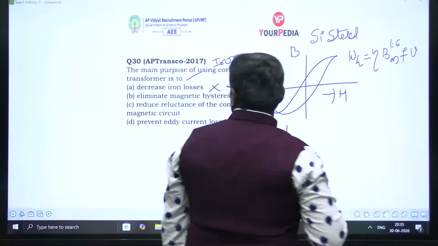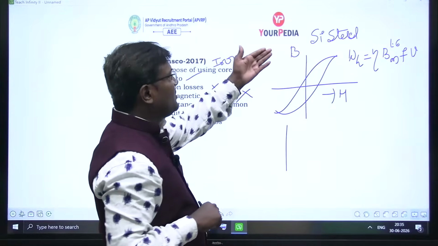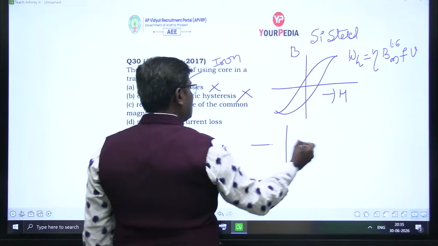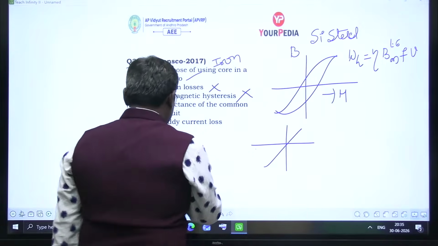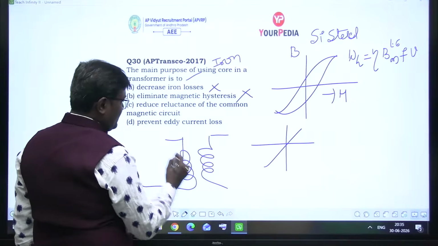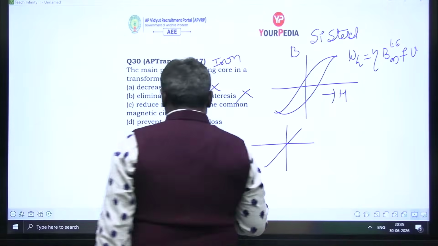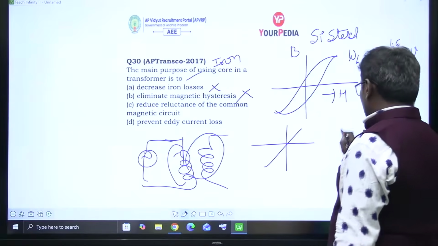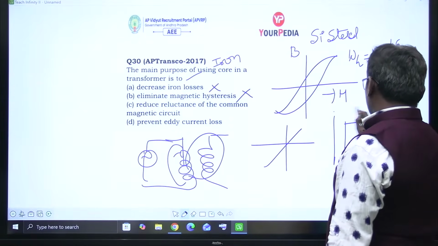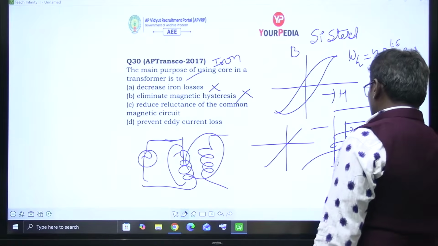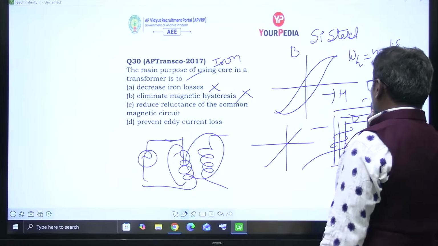So now you observe that if you use silicon steel, hysteresis loss can be reduced. If you use an air core transformer, this type of winding is called an air core transformer. We give a sinusoidal supply and the flux passes through the air. But if you take a magnetic core, an iron core material, the flux will pass through it.